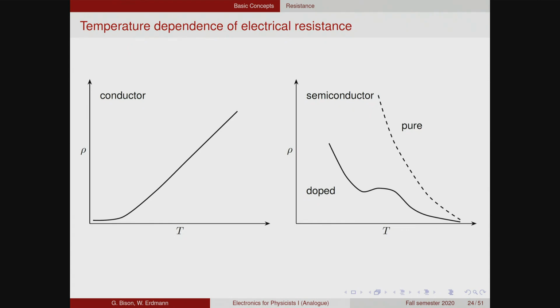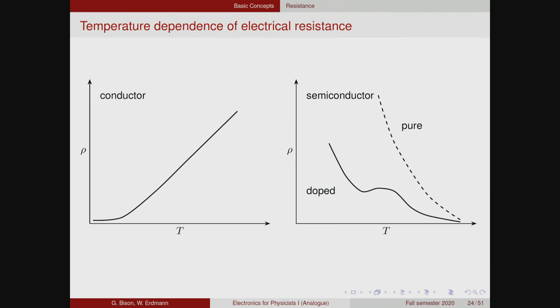The same effect is also present in semiconductors, but in semiconductors there is a different effect that dominates this completely. In semiconductors, the density of charge carriers is temperature dependent.